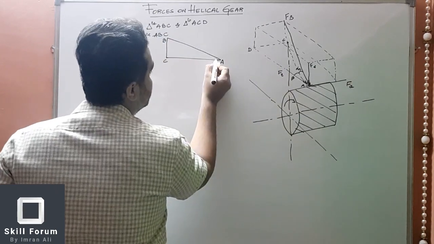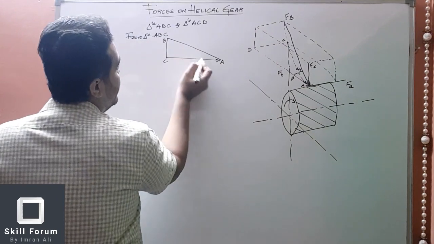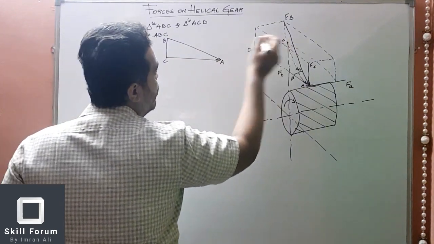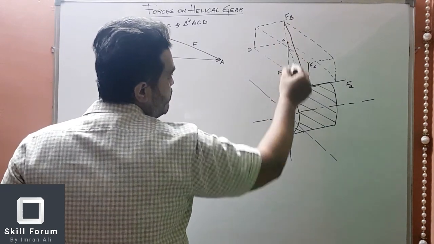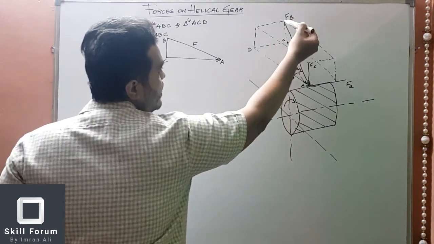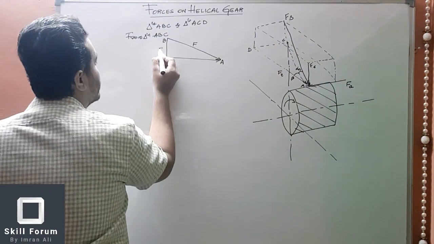AB is nothing but the normal force. Then BC: BC is along the radial direction, that is the radial force.